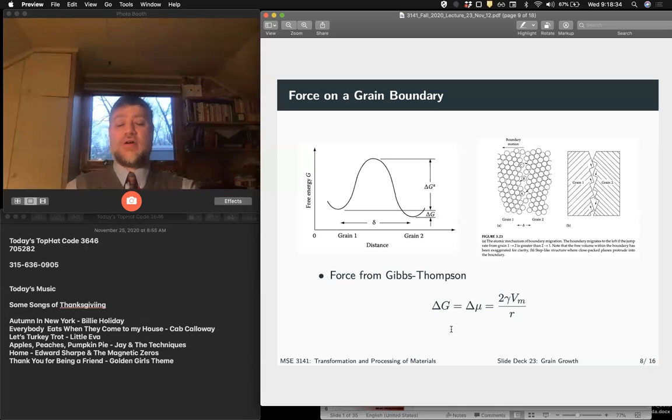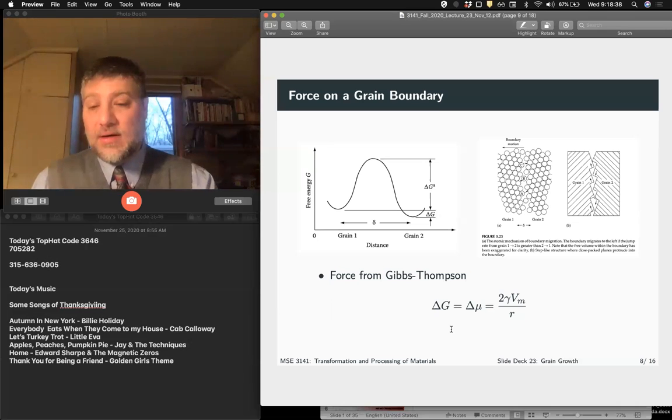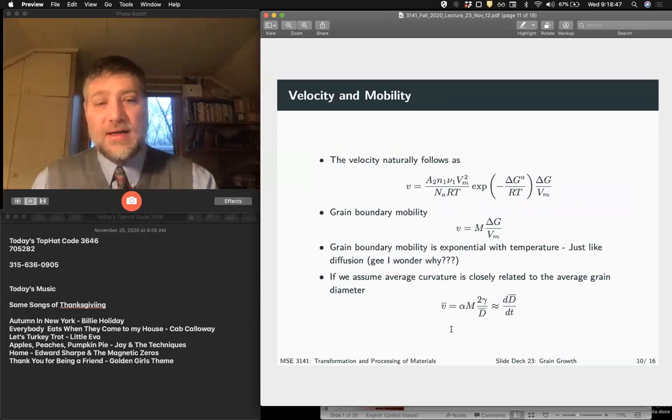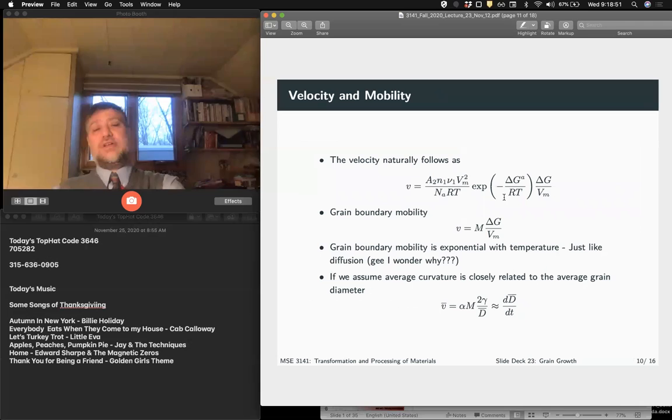And so grain growth is generally called curvature-driven grain boundary migration. And because it's diffusional in nature, it should be no surprise to anyone that we have a growth velocity term that's exponential with respect to the activation energy, right?